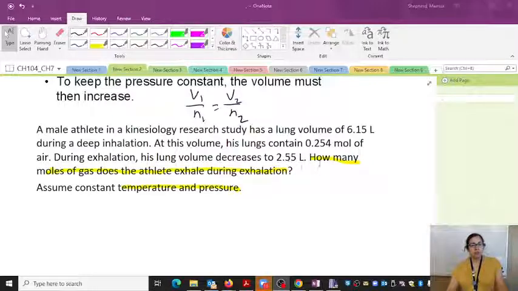So it looks like we have 3 sig figs in all these numbers.